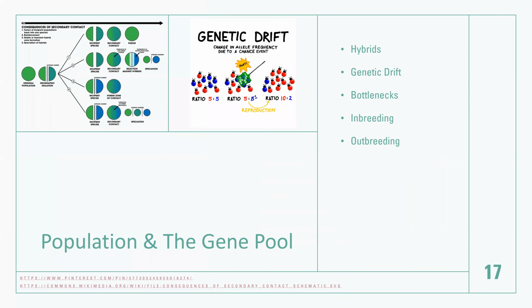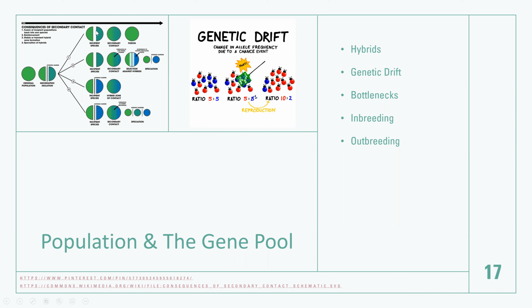So how does this work in the population? I'm going to be talking about a couple of different species here, or populations. When you have alleles and genes that can flow between species, you get something called leakage, and that's the flow of genes between populations.